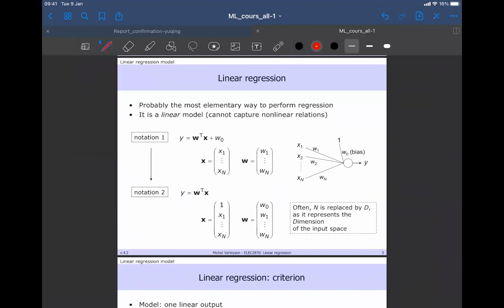Even if some of you probably already know this, it's maybe quite easy, but from this you can do a lot. We can make what is called the perceptron from the linear regression, and from the perceptron we can make the neural network. So you can very quickly scale up from a simple linear regression to a neural network.